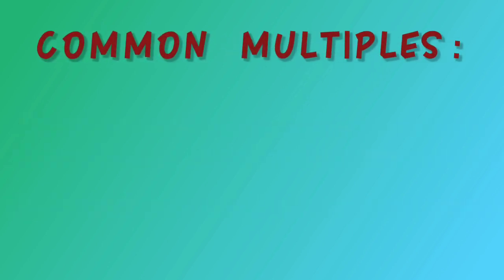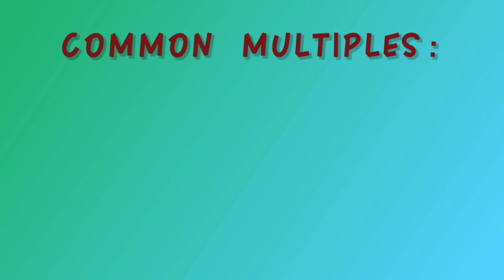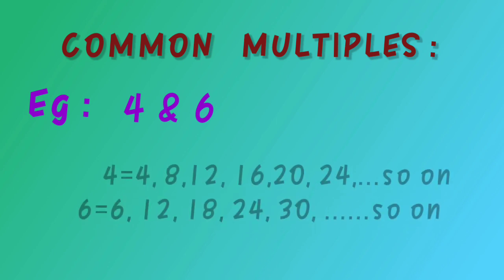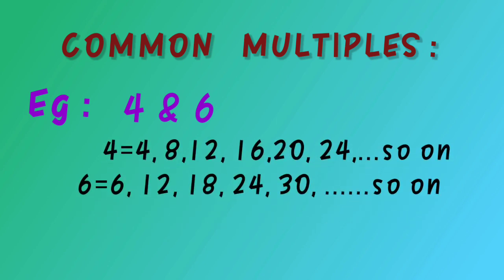Now let's move on to the next topic, common multiples. What are common multiples? To know this, we'll take an example. Two numbers 4 and 6. We'll write the multiples of both of them. The multiples of 4 are 4, 8, 12, 16, 20, 24, and so on. And the multiples of 6 are 6, 12, 18, 24, 30, and so on.